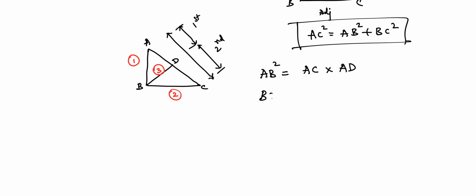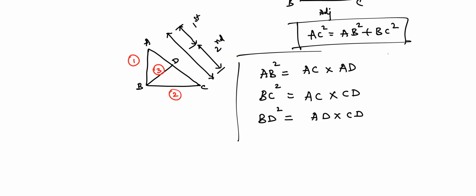If you want BC, BC square equals full. What is full? AC into second half CD or DC. What is the third side? BD. If you want BD, BD square equals half into half, AD into CD. These are the 3 new equations, very important.